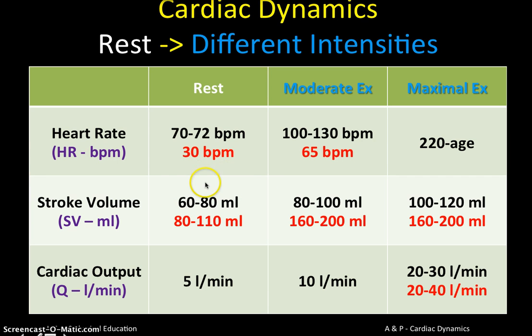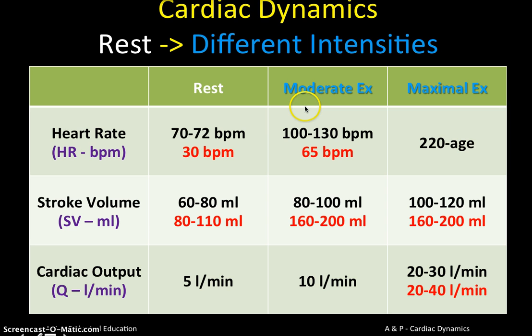At rest, stroke volume is typically for an average person 60 to 80, but an elite athlete might have a larger stroke volume, and we're aiming to achieve this. So this times by this equals this. And you can see they're achieving the same thing, but by ejecting different volumes and therefore having to beat more or less times.